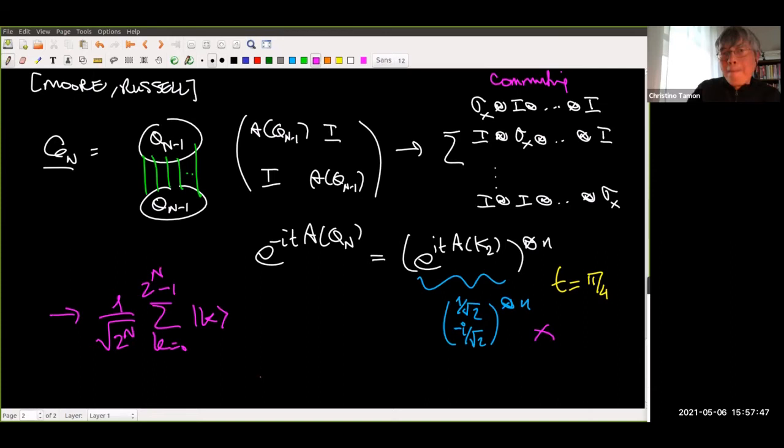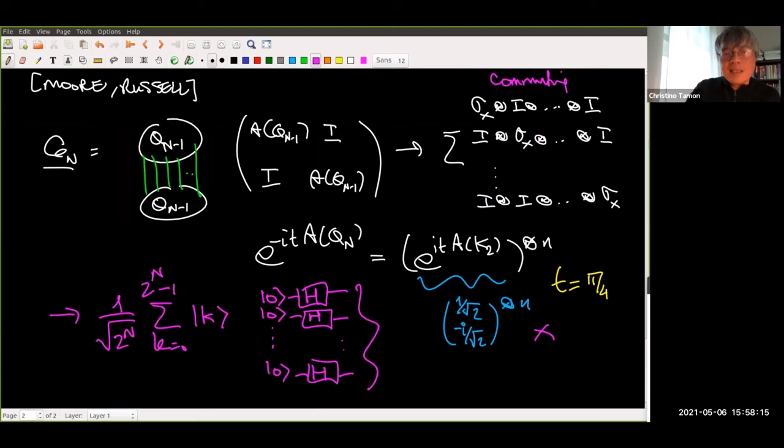What should I do? If you've seen quantum algorithms, this is usually the starting point in many of them, because you have a bunch of ket zeros, and then you pipe them into Hadamard gates. The state that's being generated here is exactly this state.